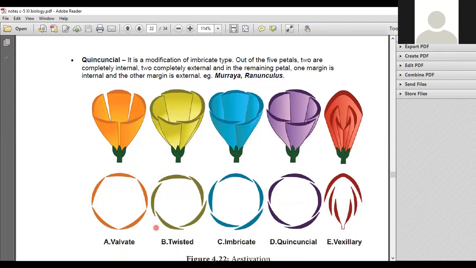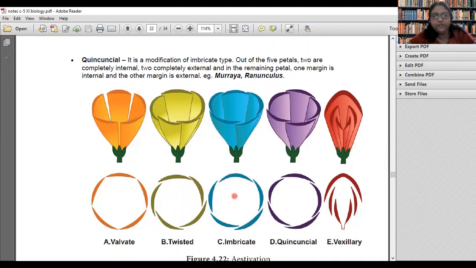Yes, ma'am. Ma'am, they are a little twisted from inside. In twisted, one part remains inside and one part is out, and it is applicable to all. Okay. What is the speciality of imbricate?